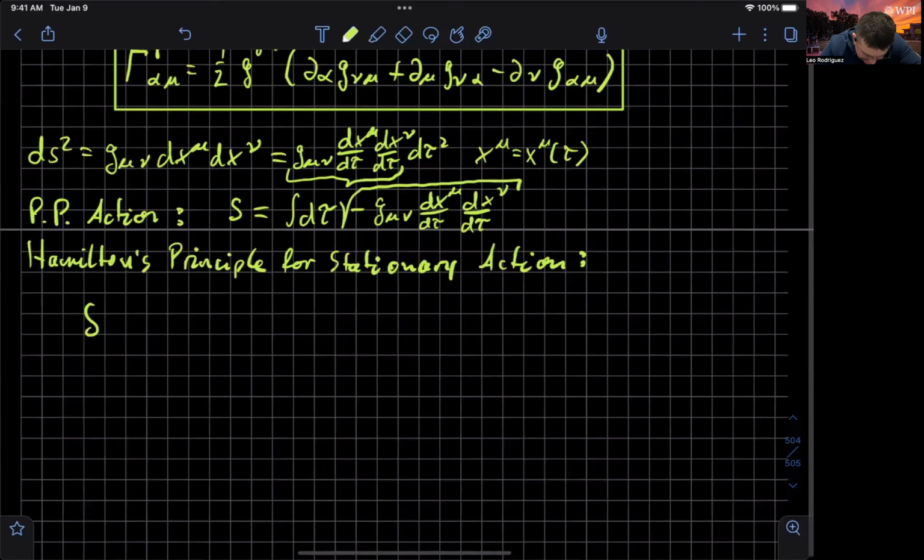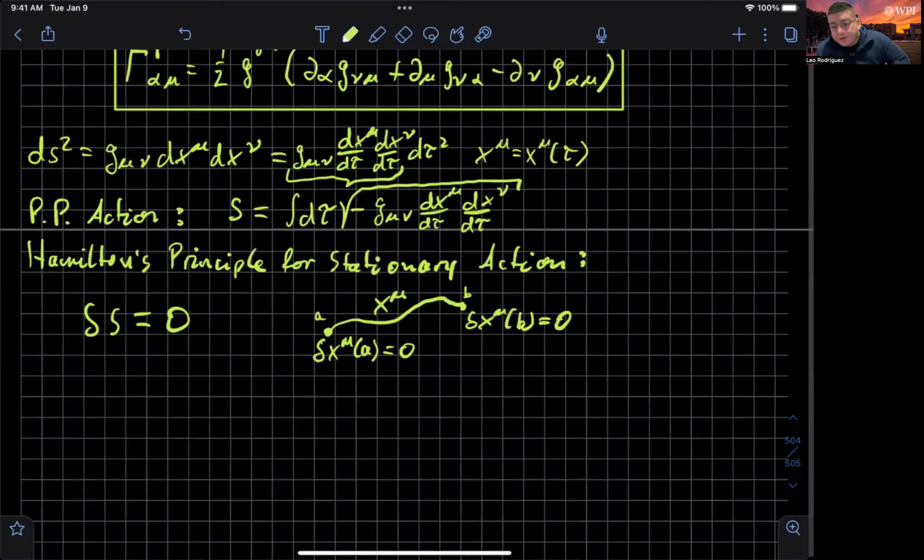Okay, so we're going to vary S and set it to 0, keeping in mind that we have the endpoints fixed. So if I have a starting point here and an ending point here, and I'm looking at my path between the two, x mu, I'm going to say that at the boundary x is fixed. We could call these A and B. So the variation of x at A is 0, and the variation of x mu at B is also 0.